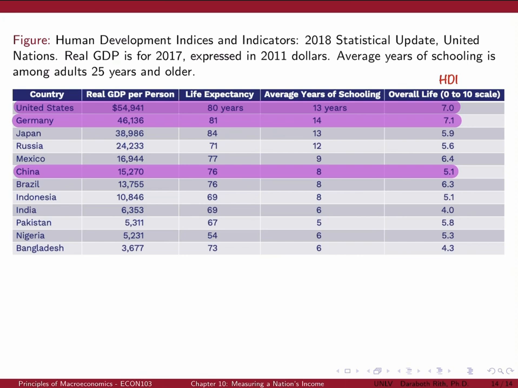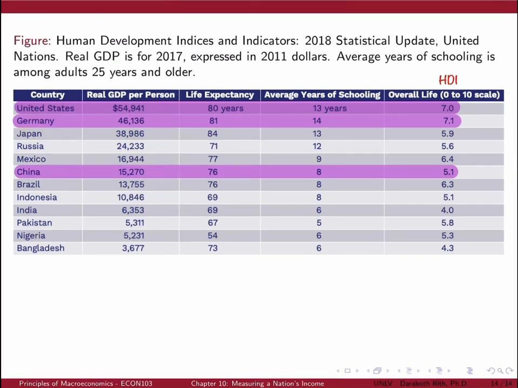The United States leads with the highest real GDP, indicating the largest economy among the three. Germany follows with a substantial GDP per capita, reflecting its large and rapidly growing economy. China has the smallest real GDP per capita of the three, but remains one of the largest economies in Asia.